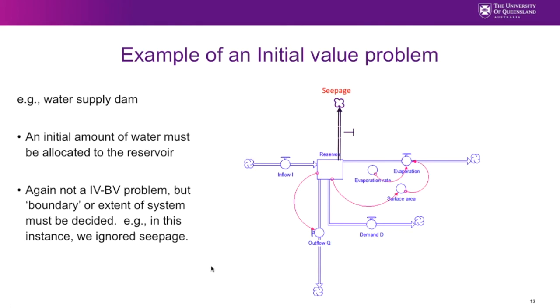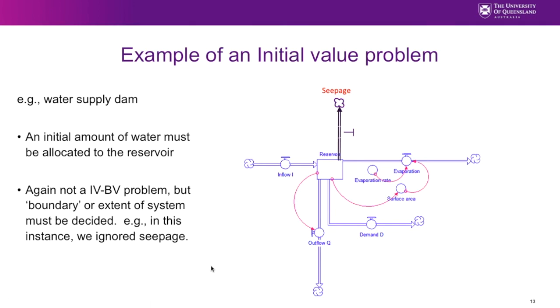Still, as I mentioned to you before, we need to define boundaries in these systems. So again, to make it clear, this is not an initial value problem, but boundary or extent of system must be decided. So what will be our boundaries on the system? When we're talking about 0D models, our boundaries will be defined by the considerations that we take of the inflows and outflows in our system.